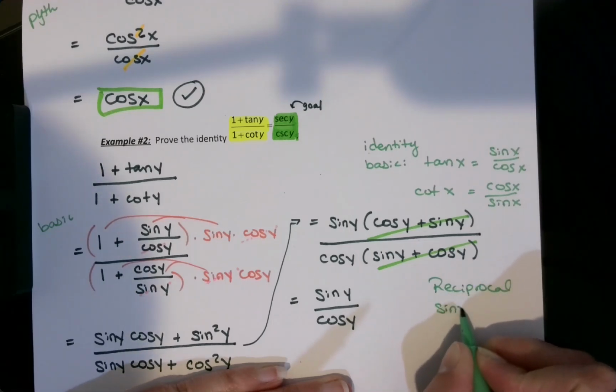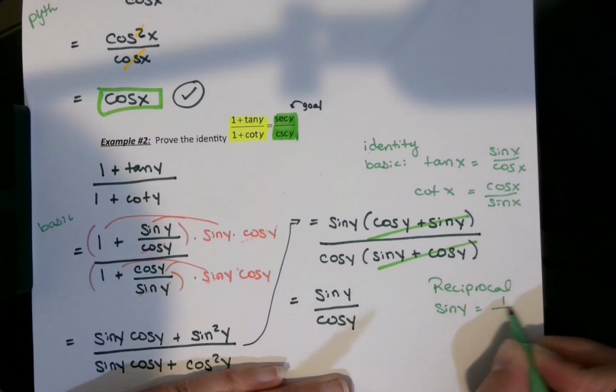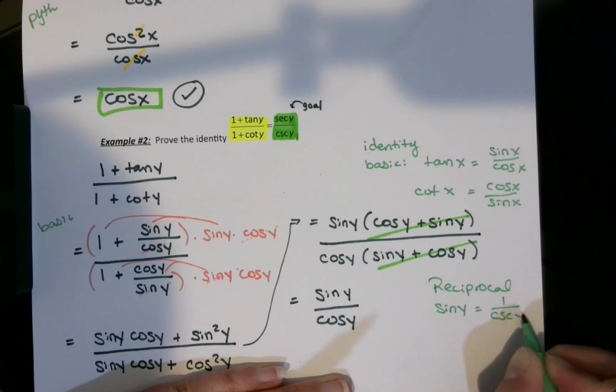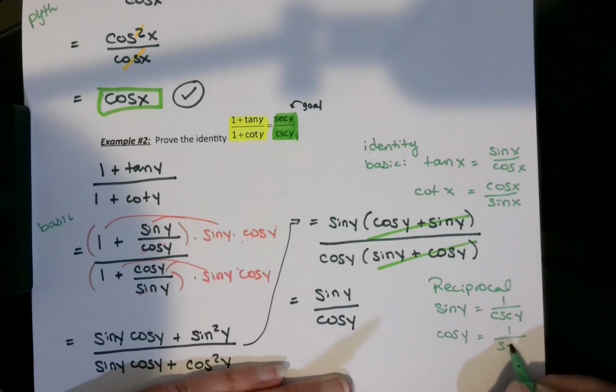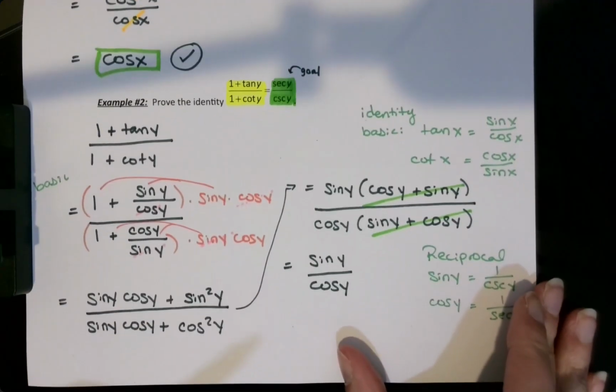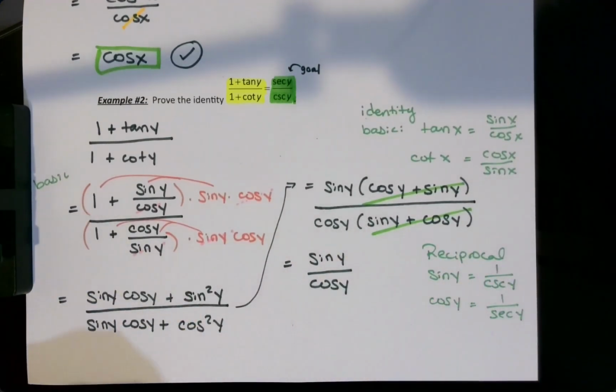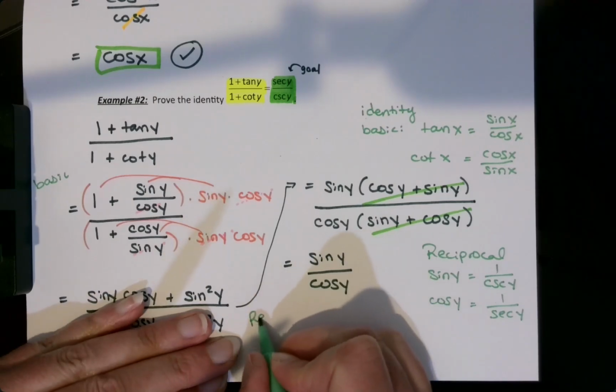We know that the sine of y is equal to 1 over the cosecant of y, and the cosine of y is equal to 1 over the secant of y. So we're going to apply those reciprocal identities.